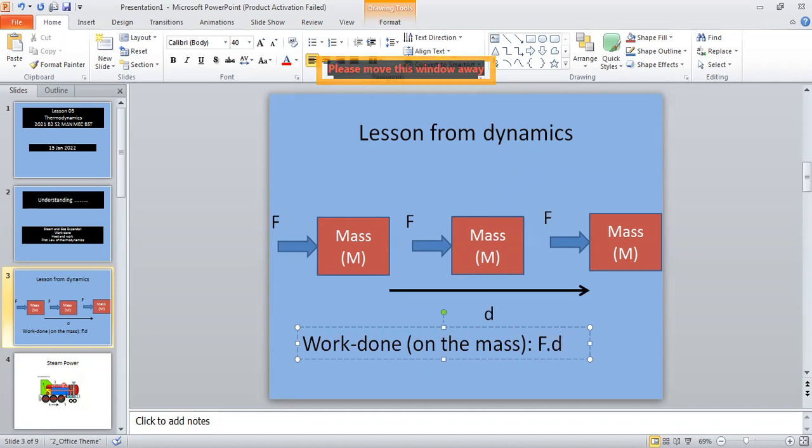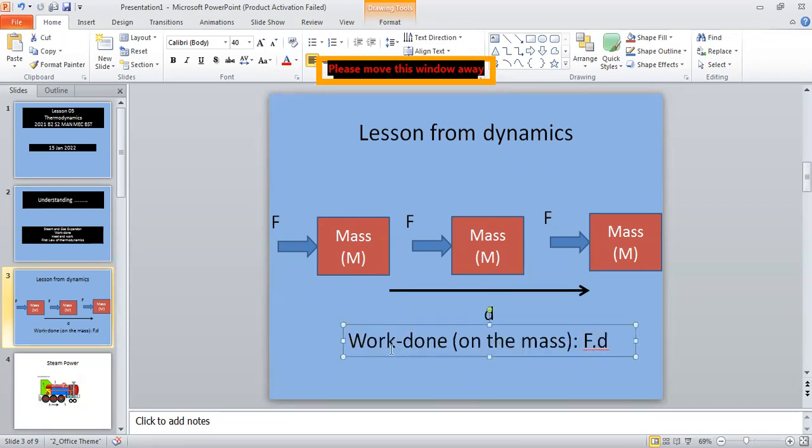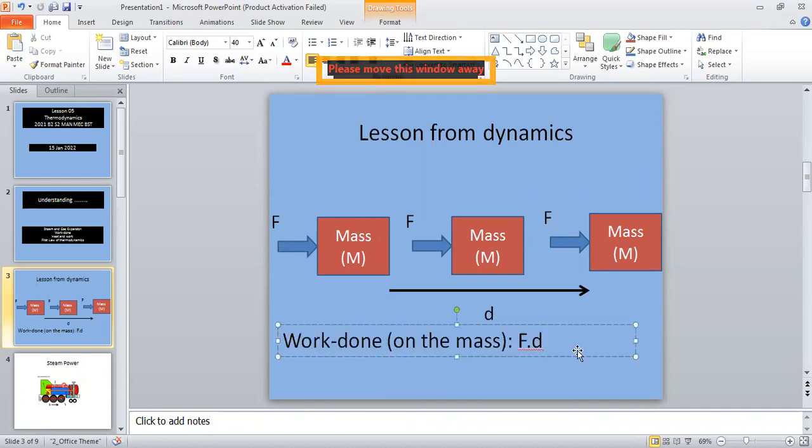That is reasonable, because for a longer displacement the work done is more than the work applied for a shorter displacement. So force times displacement is quite reasonable, and this is considered somehow as the definition of F times D as the work done.